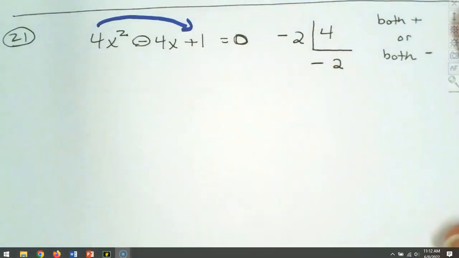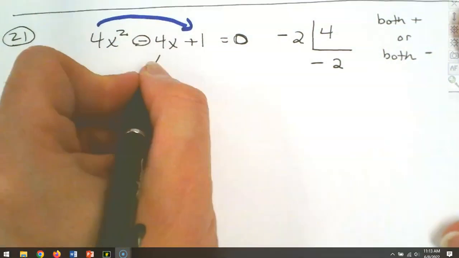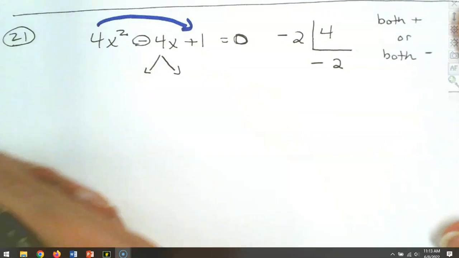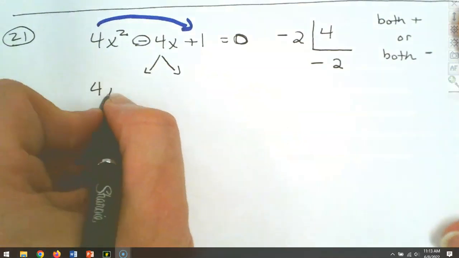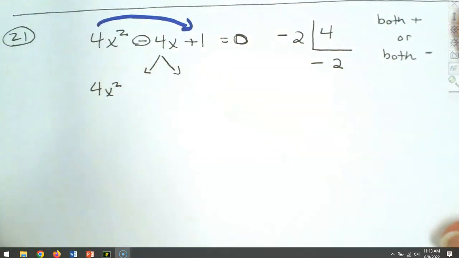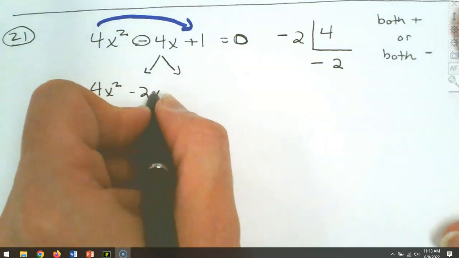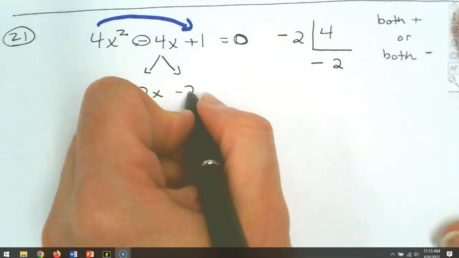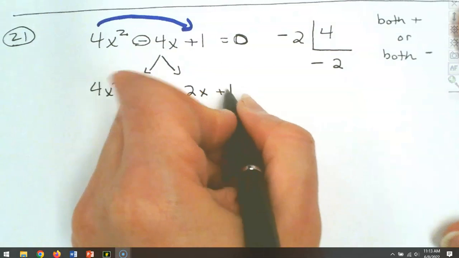Notice these are the same. So we're only going to get one solution. So we split this up into 4x squared, and then we've got a minus 2x, another minus 2x, and a plus 1.